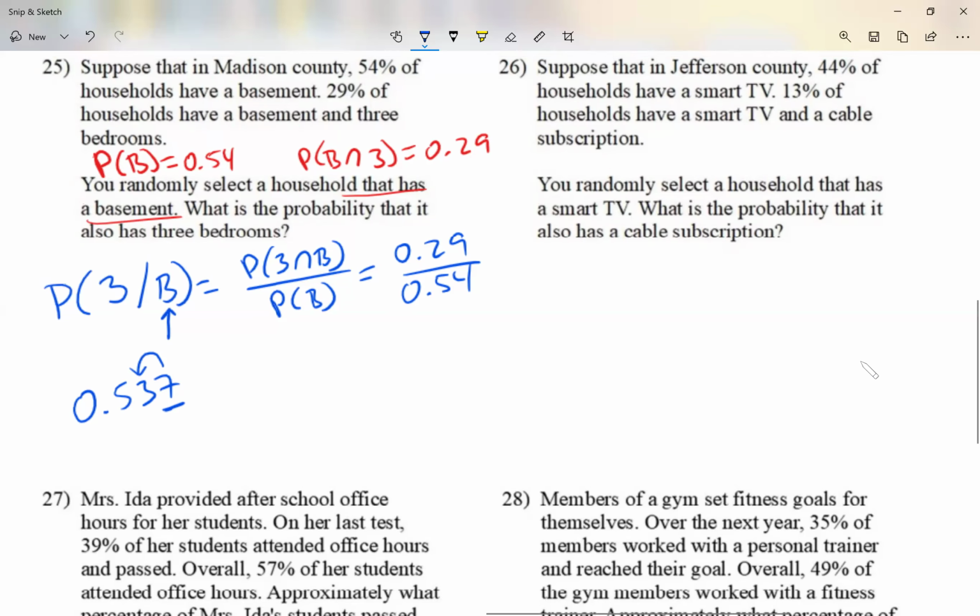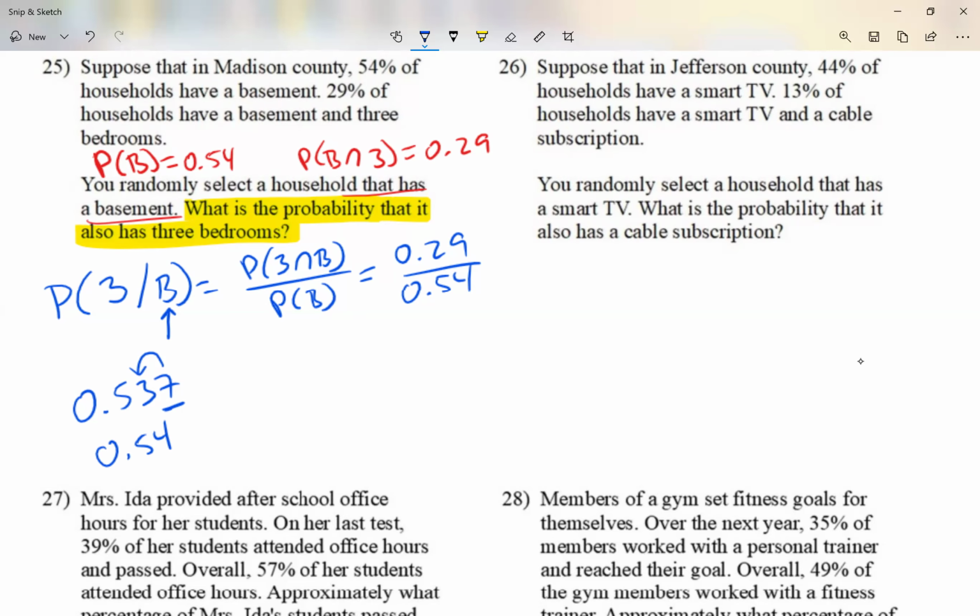Okay, let me read something here. What's the question here? What is the probability that it also has three bedrooms? My question is a probability, not a percent, because last homework, yesterday, we were dealing with percentages. Remember, 0.54 as a percentage, I told you guys yesterday, write it as 54%.